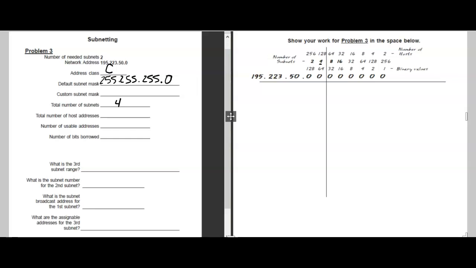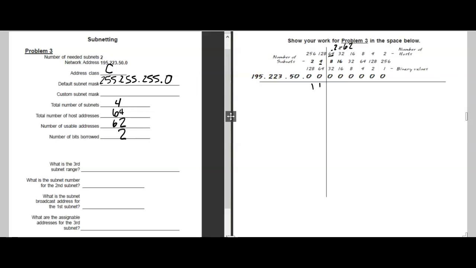The total host addresses that we have is 64. We're going to subtract 2 for the broadcast address and the network address. So that leaves us with 62 usable addresses. We are borrowing 2 bits.